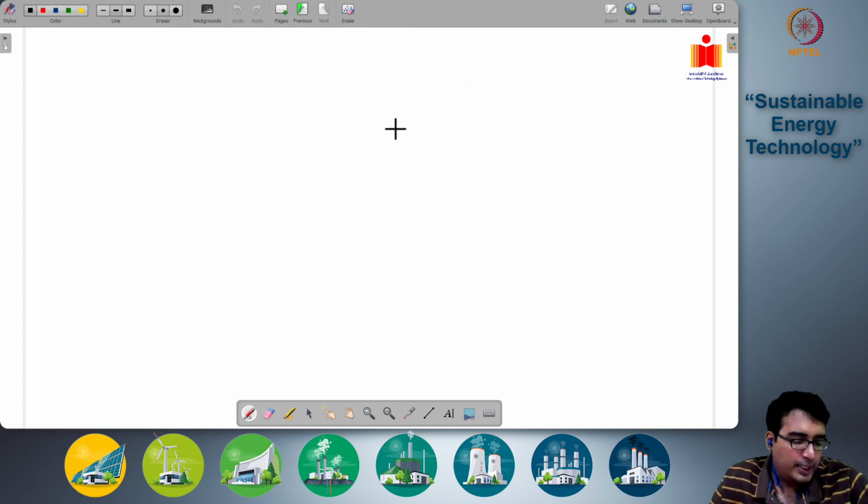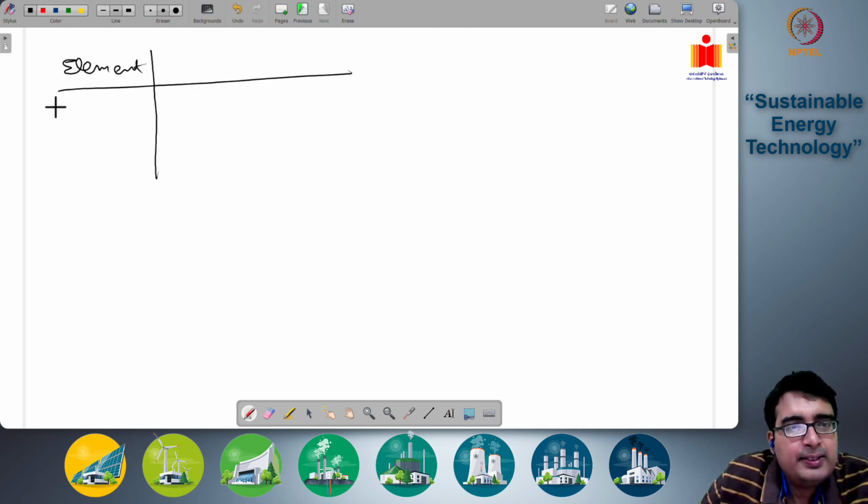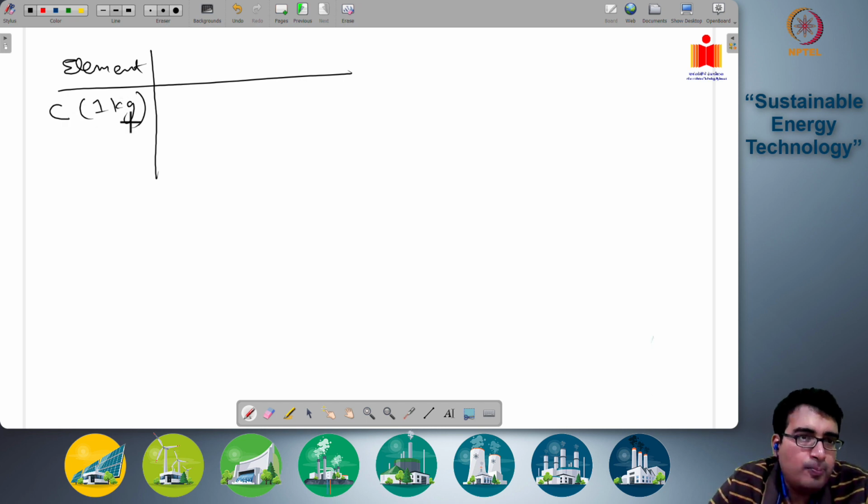If you do the calculations, we can say how much oxygen is needed to burn 1 kg of each of these elements that is typically present in fuel. So the element is C, 1 kg. How much oxygen is needed to burn 1 kg of carbon? 1 kg of carbon reacts with 32 kgs of oxygen to produce CO2, 44 kgs, right?